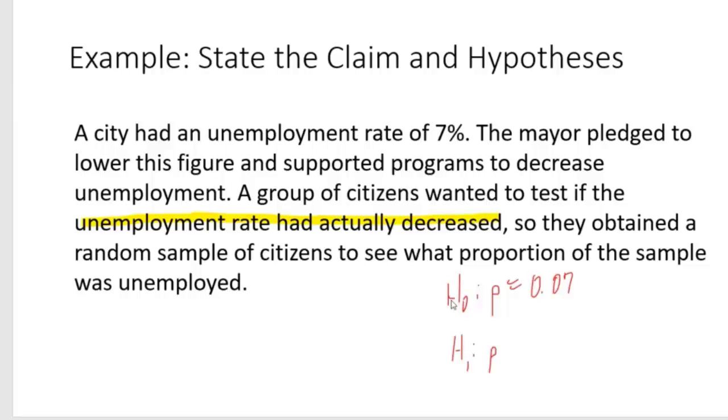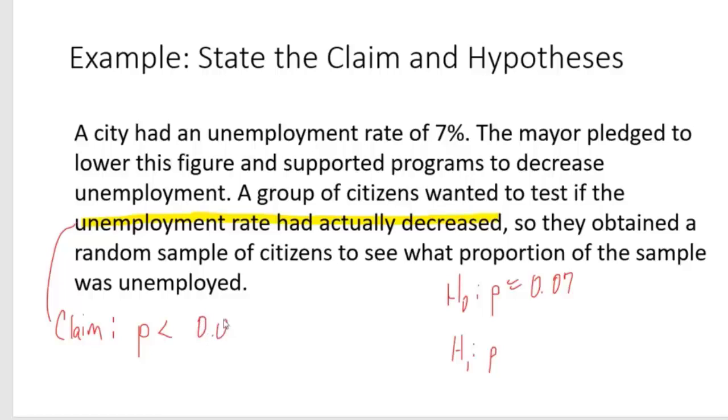If the null is the claim, then you just make the alternative the opposite of it. But if the null is not the claim, then we need to make the alternative the claim. So here, the claim really had to do with what the mayor said. He said he was going to make this percentage lower.